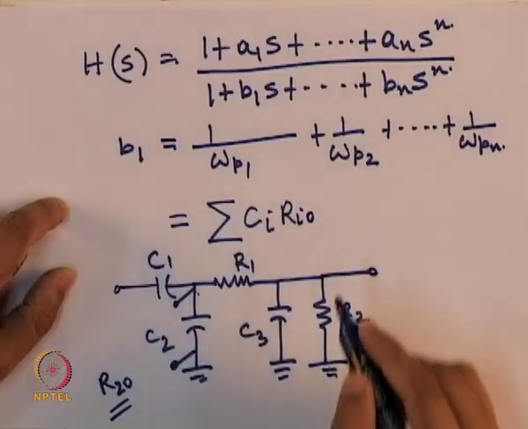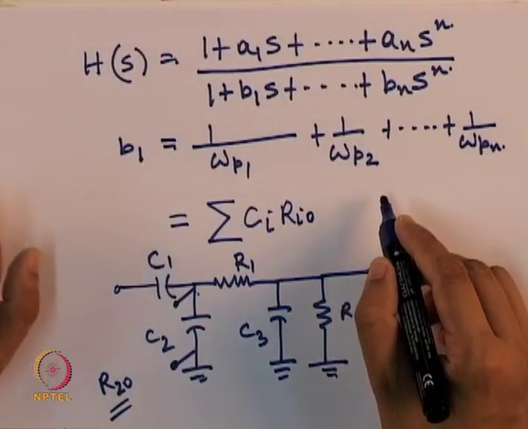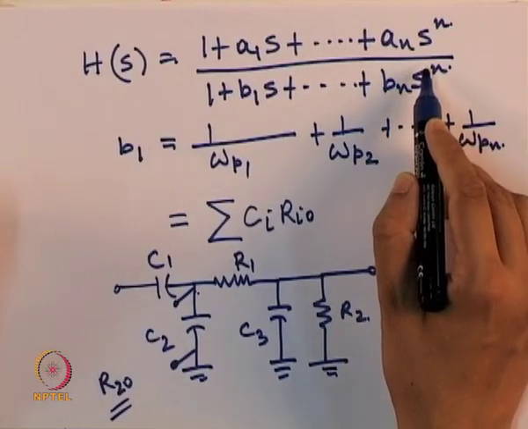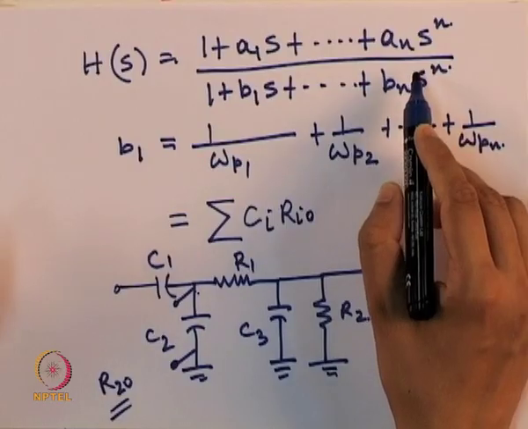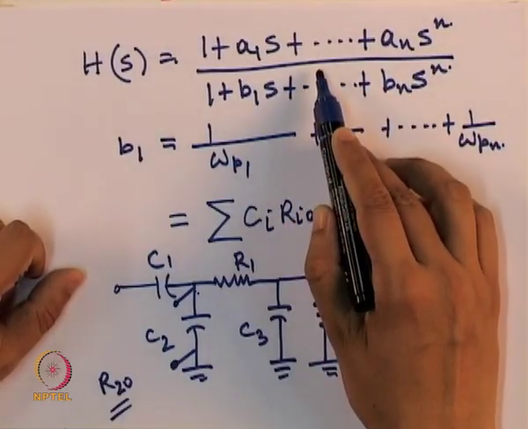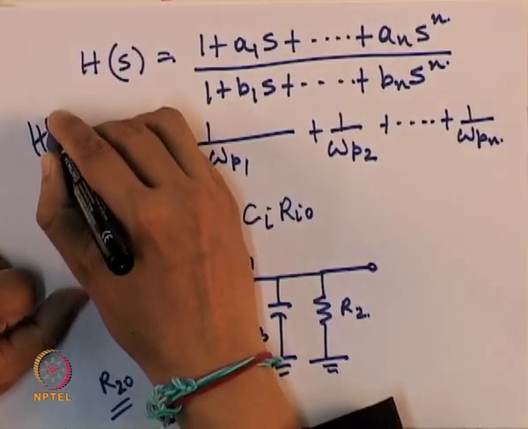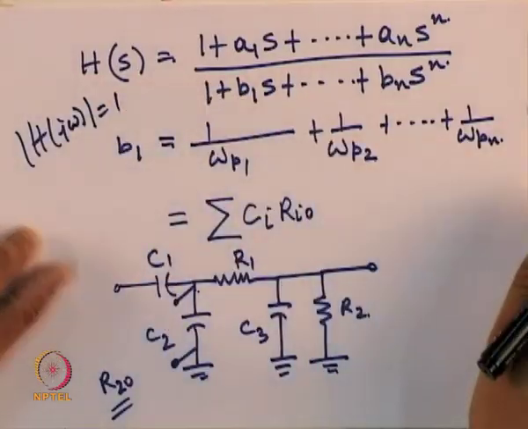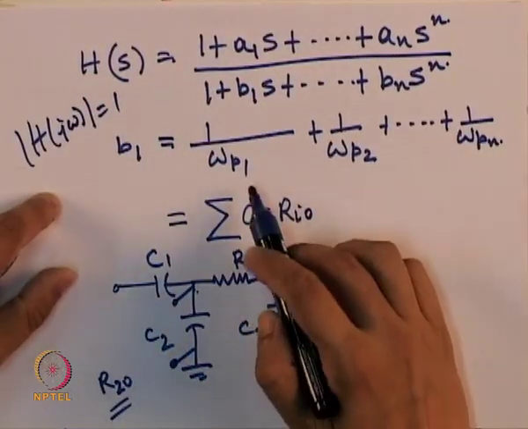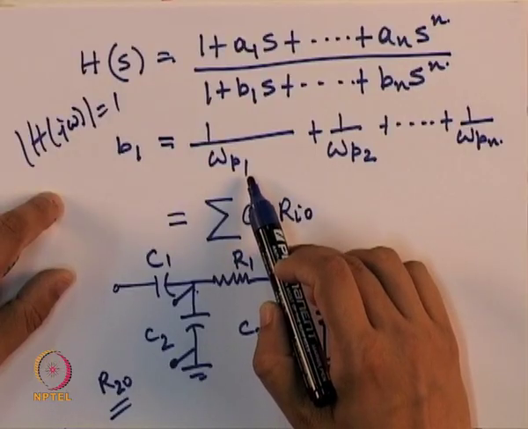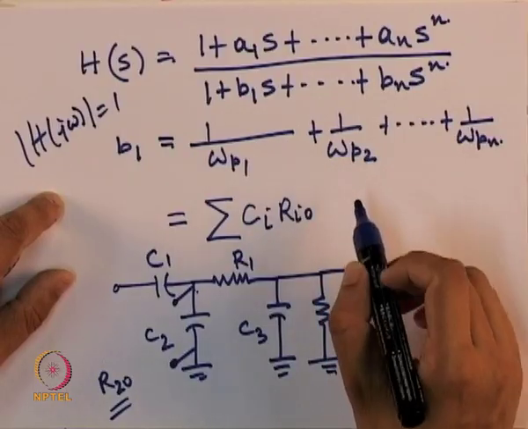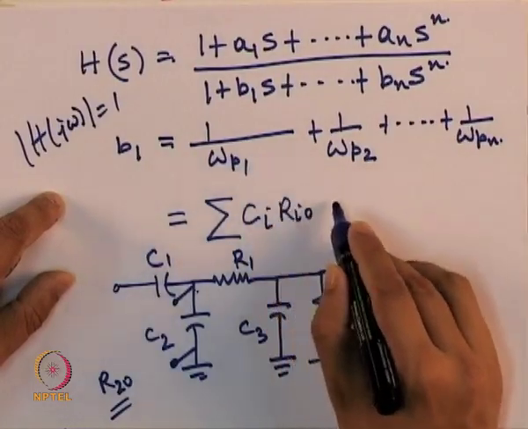Now, you can see by the way that this represents the high frequency response, because when s equals 0, the magnitude of H(j omega) is equal to 1. Here, if a dominant pole is present, which is at least 4 times lower than the other poles and zeros, then we can reduce this.